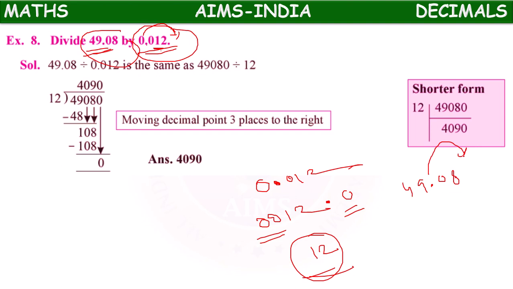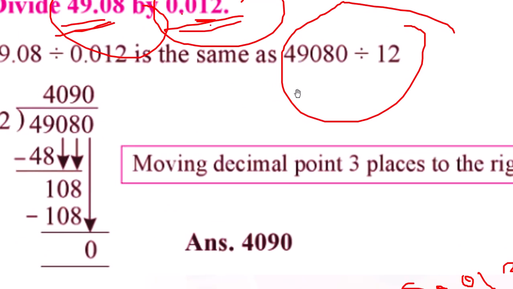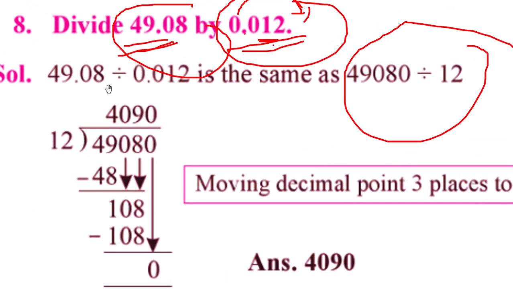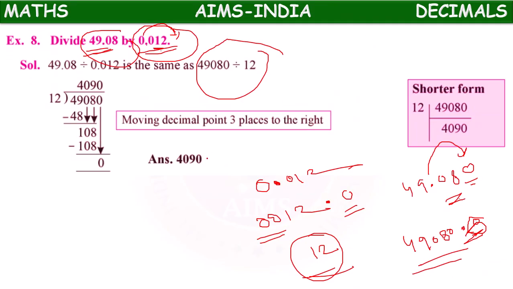We have to move 3 places, but we have only 2 places, so we can take a 0 for our convenience. Now we can move it 3 places: 49080. We change like this by moving the decimal point in both dividend and divisor in the same way to make the divisor a whole number. Now we will divide by 12 and we will get the answer.